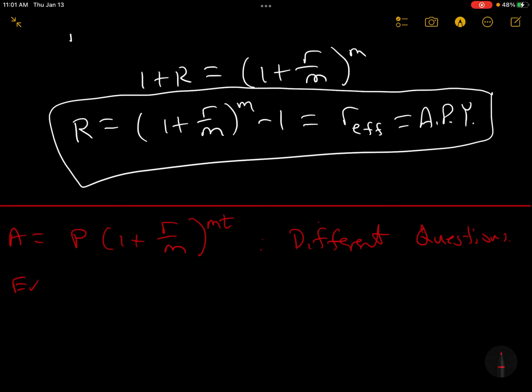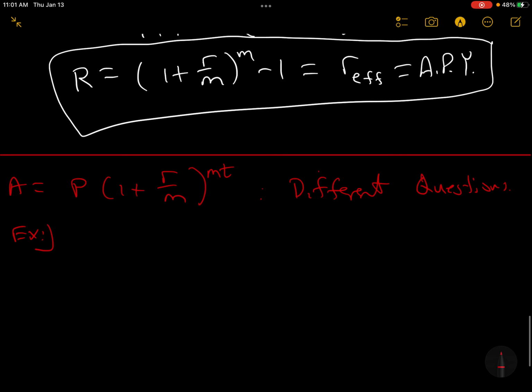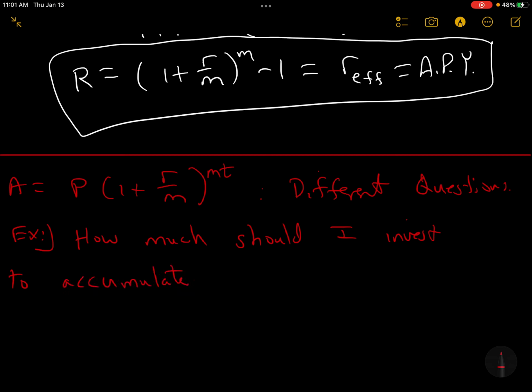So here, let me make this formal. How much should I invest to accumulate some set amount over time?